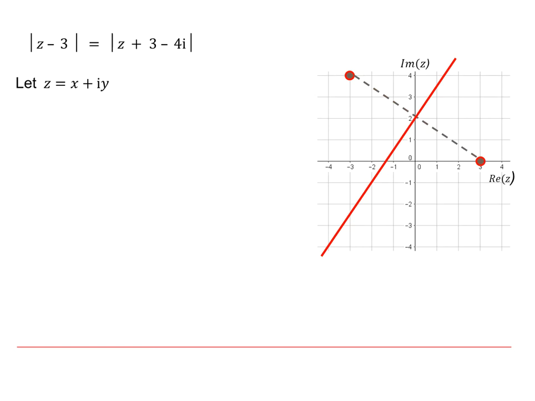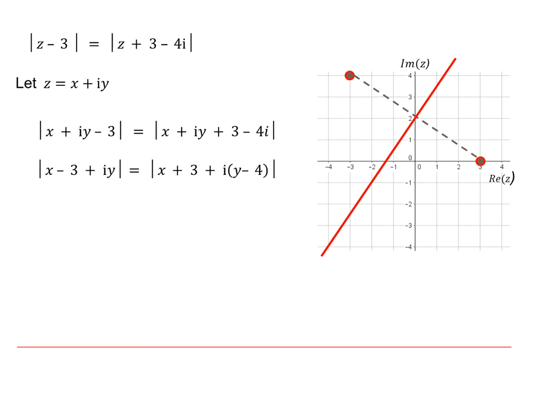Right, now let's consider the same thing, this time algebraically. So we know that we have the modulus of z minus 3 equal to the modulus of z plus 3 minus 4i. So if we let z equal x plus iy, we can substitute that into the above equation and we end up with this. So now we can rearrange that to give us the real parts and the imaginary parts separately.